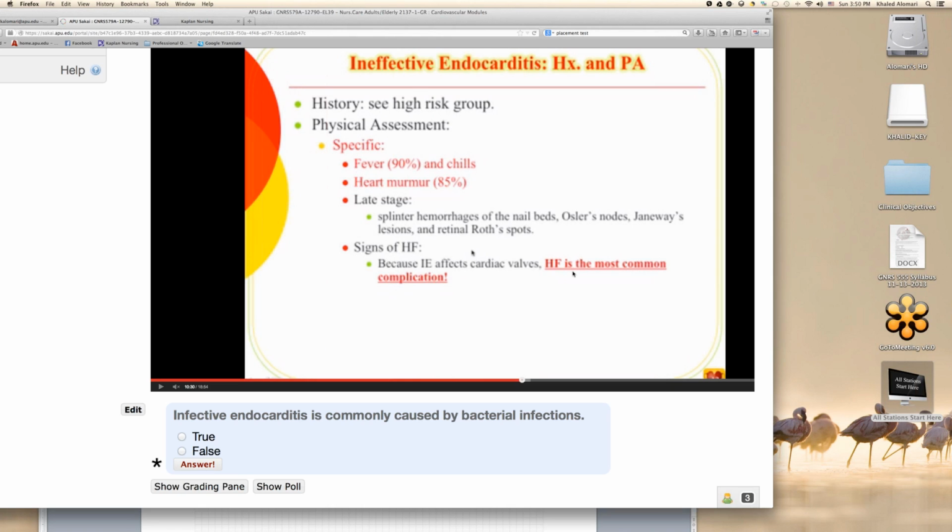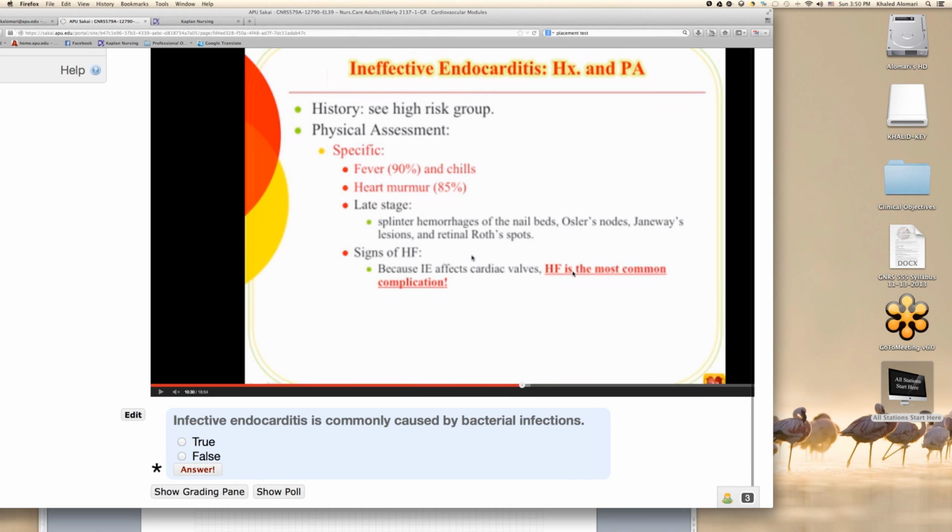Now, did I talk about ejection fraction right now or no? But what if I ask you a question, which of the following indicates a poor prognosis or supports that the endocarditis has become complicated? That means you're looking for a late sign or any sign of complications.